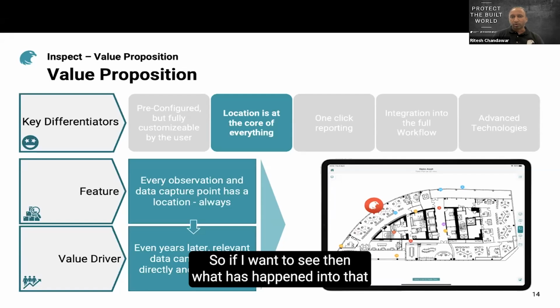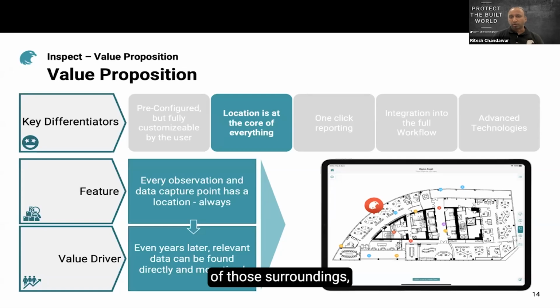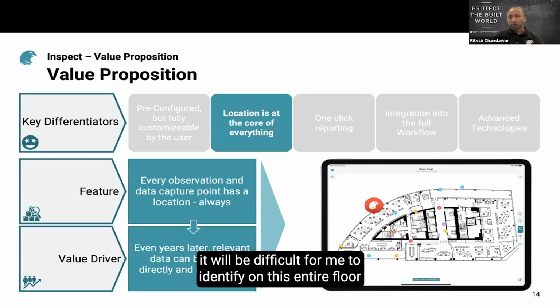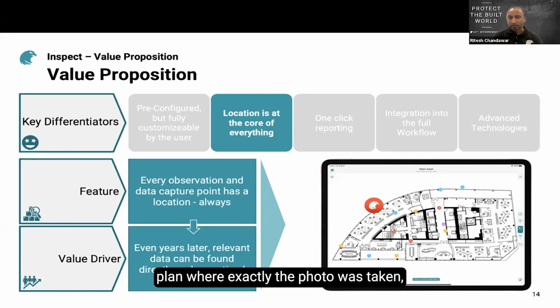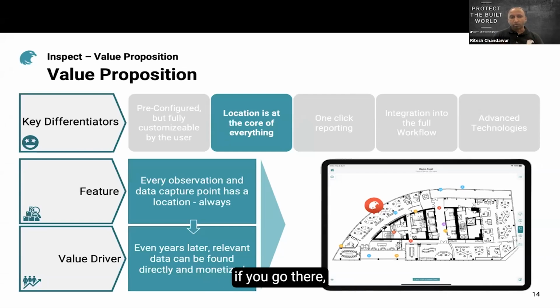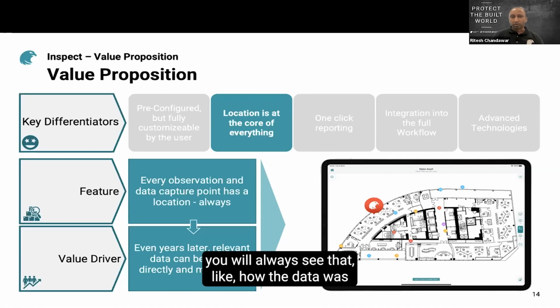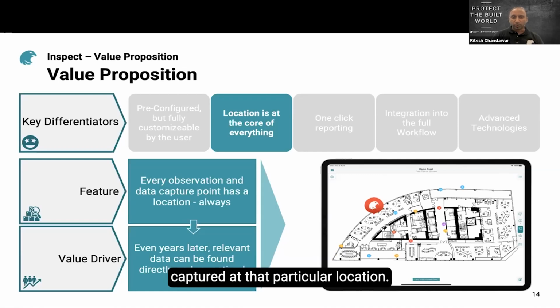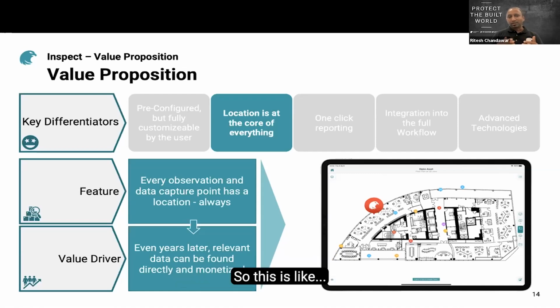If I want to see what has happened in that particular cubicle, and I only have photos of the surroundings, it will be difficult for me to identify on this entire floor plan where exactly the photo was taken, unless it has this pin location. So even year after year, if you go there, you will always see how the data was captured at that particular location.